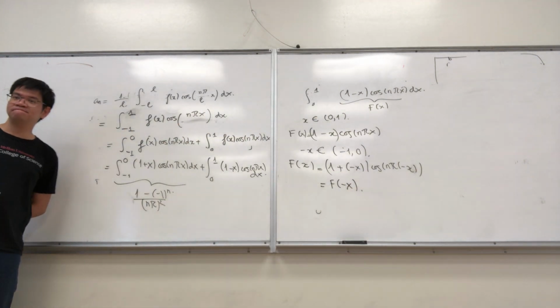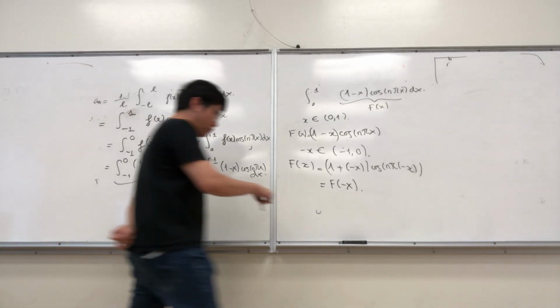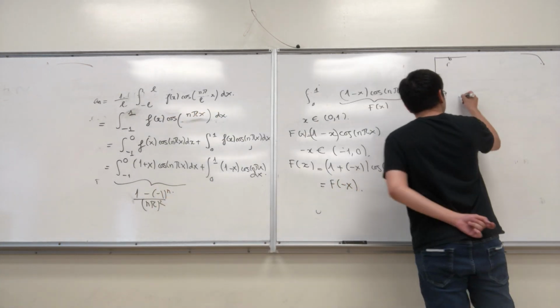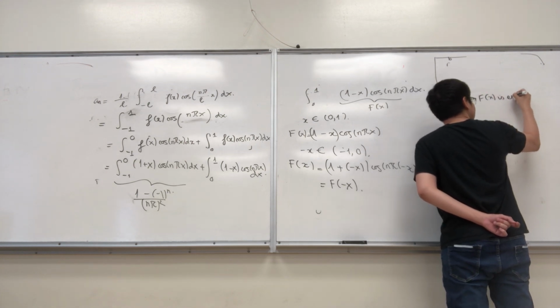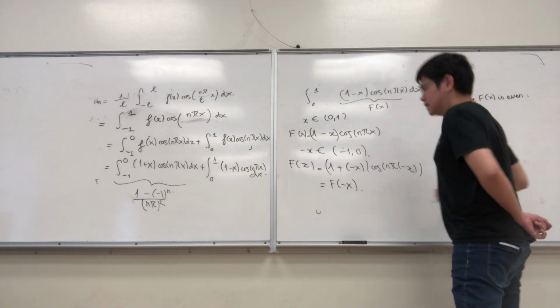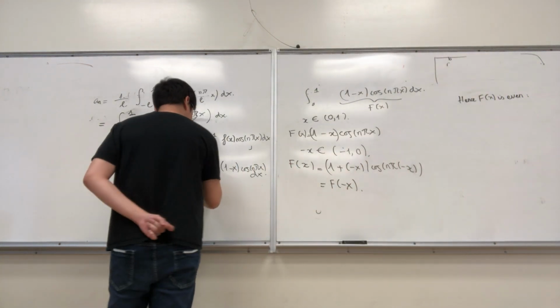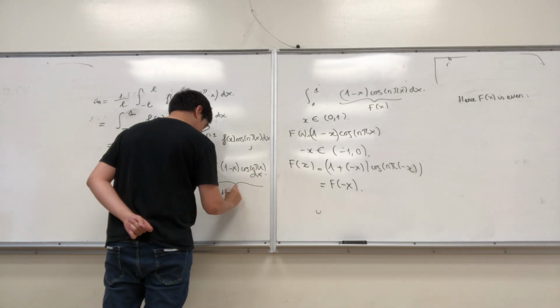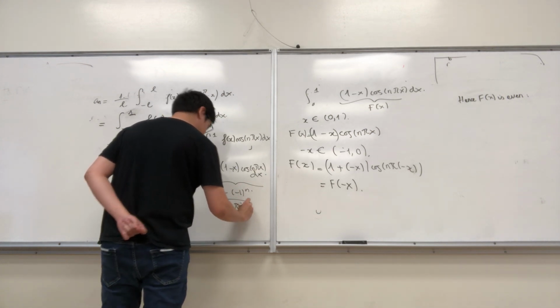It's clear, right? Which means that f is even. Hence, f is even. So the second one and the first one, they're the same. So this is going to be 1 minus minus 1 to the power n over n pi squared, right?